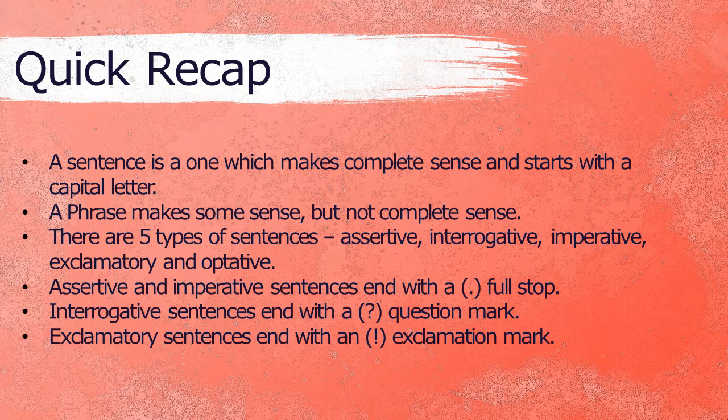Assertive and imperative sentences end with a full stop. Interrogative sentences end with a question mark. Exclamatory sentences end with an exclamation mark. You have to remember, optative sentences also end with an exclamation mark.